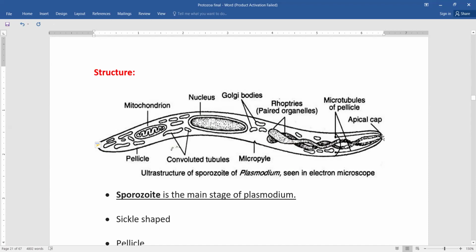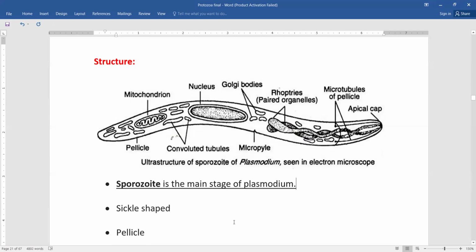Here the sporozoite is covered by pellicle. Trophozoite లో మనకి ప్లాస్మా లెమ్మా ఉంటుంది. స్పోరోజైట్ లో పెల్లికిల్ ఉంటుంది. There is a small difference. Both are made up of lipoproteins, and there is a clear nucleus and an apical cup is present. Golgi bodies and all those are present.